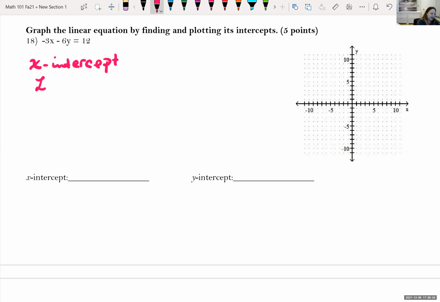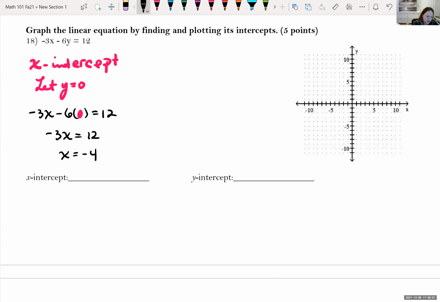So we're going to let y equal 0. And so if we do that, we get -3x minus 6 times 0 equals 12. Well, anything times 0 is 0. So we get -3x is equal to 12. Divide both sides by -3, we get x is -4.